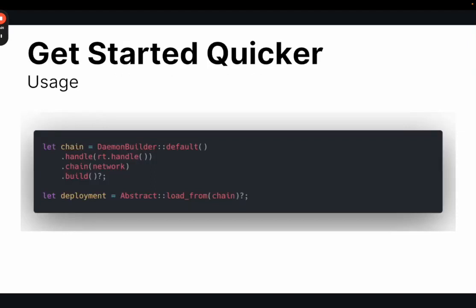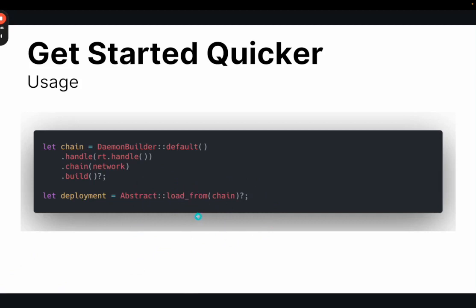So this is an example of this in use for the Abstract framework. So you can see in one line we are retrieving a struct representing all of Abstract using the load_from trait.